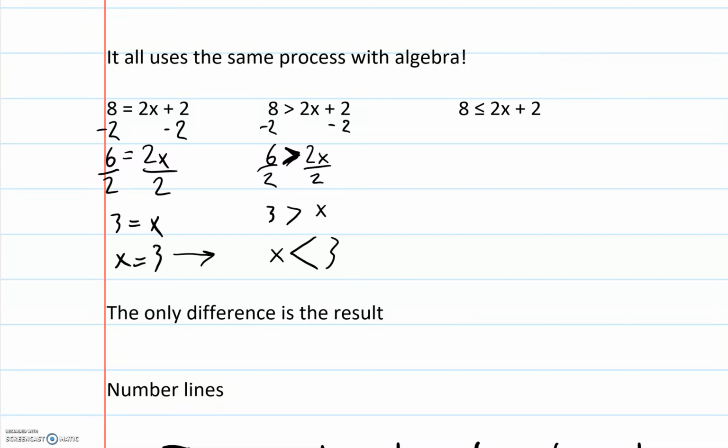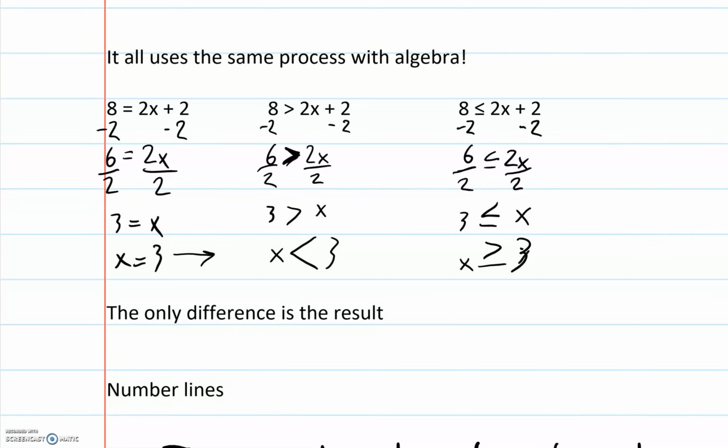I'm going to do this next one the same way. Minus 2, we get 6. Then we divide by 2, divide by 2. Then we have 3 is less than or equal to x. And if we want to flip it, we can go like this.